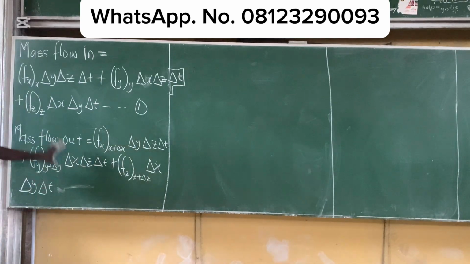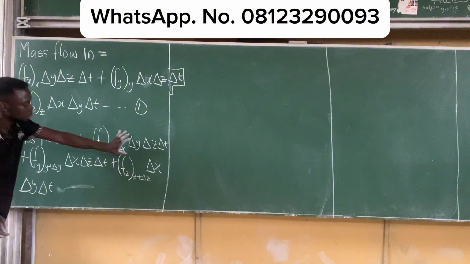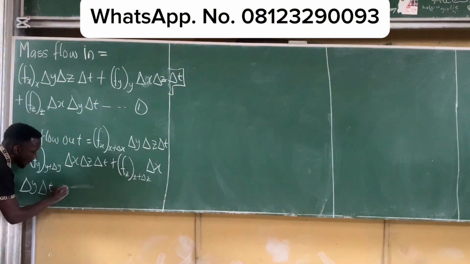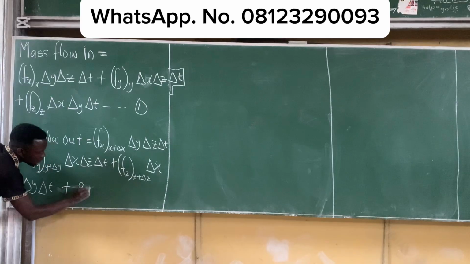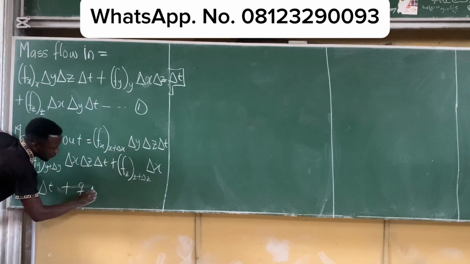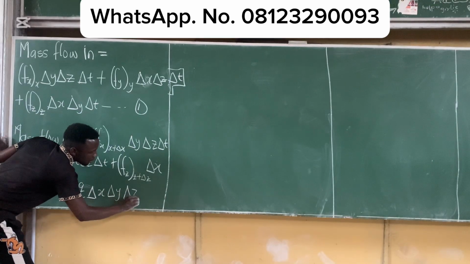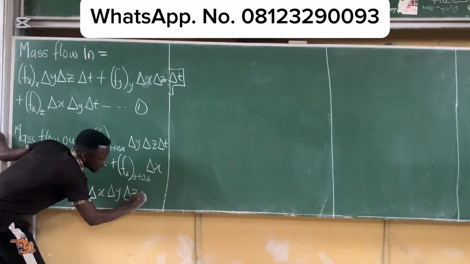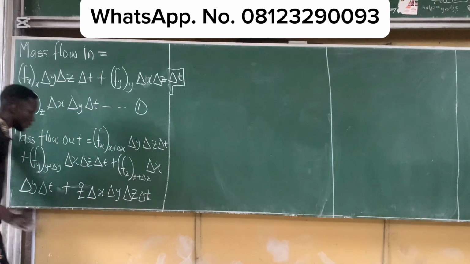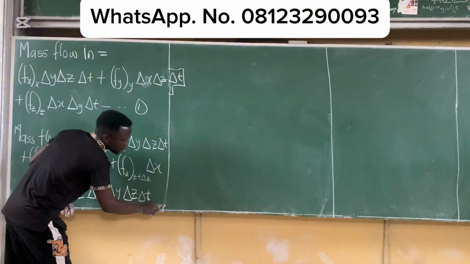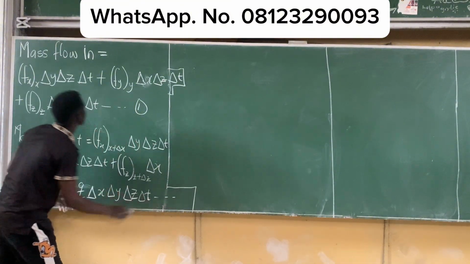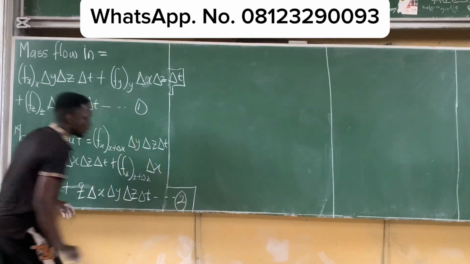Now remember that we said that this is our equation 2, but if you are considering the flow rate of the masses inside the block, the mass that flows out of the block becomes this particular equation plus the flow rate multiplied by the volume, delta x, delta y, and delta what? Z at a time t. So if we are considering the flow rate, this becomes this. So this becomes our equation 2.